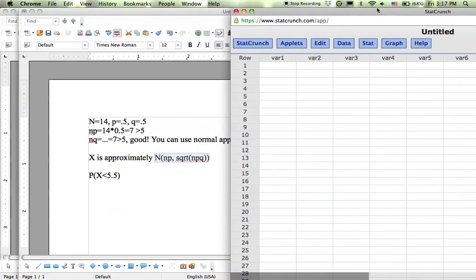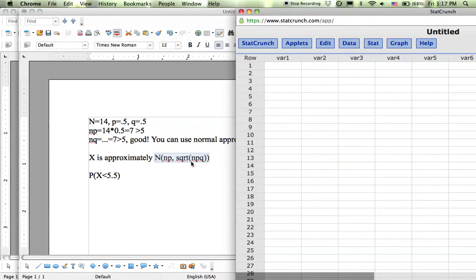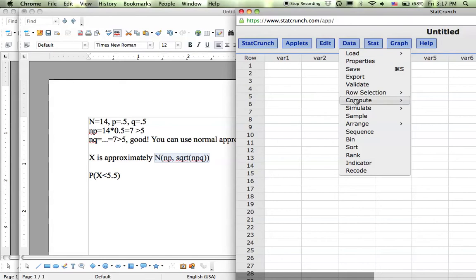Okay, so first what you need is to calculate np and the square root of n times p times q. So I believe we have np equal to 7. For the square root of n times p times q, I think I can do that using this one.